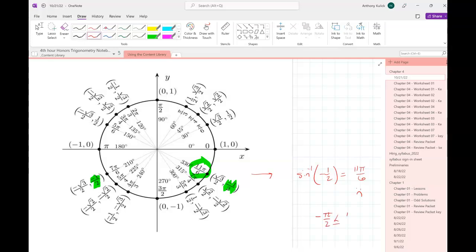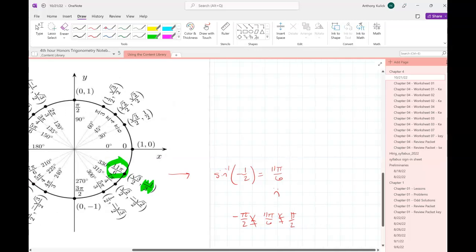Yeah, very good. This is not in between -pi over 2 and pi over 2. What can I do to 11 pi over 6 to get it in between those? Find something coterminal to it. Very good. Great job. What do I have to do to get something coterminal? Add or subtract 2 pi.